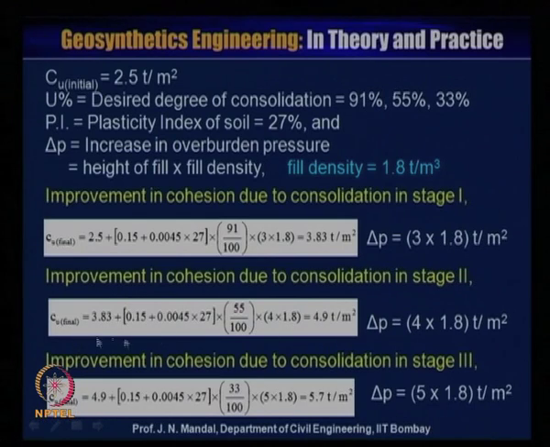This gives Cu final as 4.91 ton per meter square. Now stage 3: Cu final is 4.9 plus 0.15 plus 0.0045 into 27 into 33 by 100, into delta P, which is 5 into 1.8. This gives 5.7 ton per meter square.